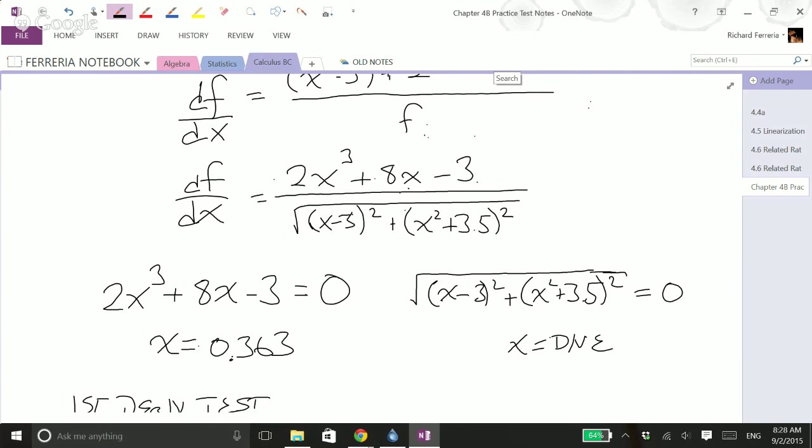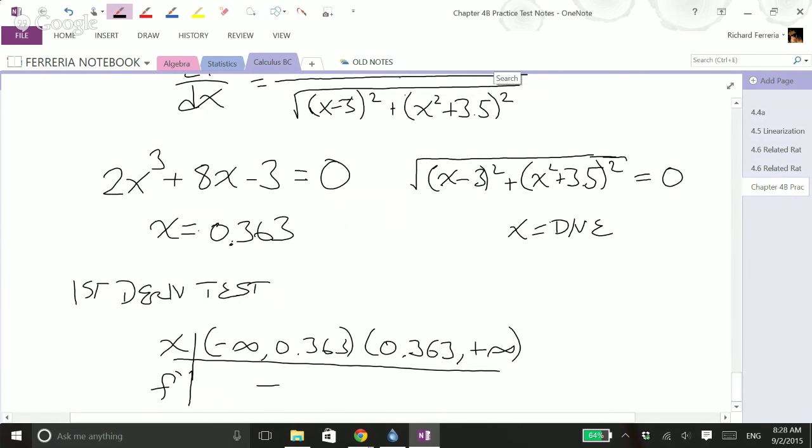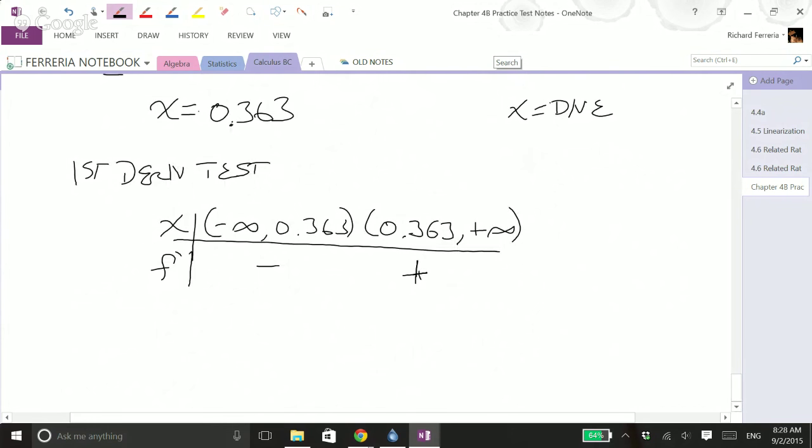All right, so that's a positive number. So it looks like we got a minimum, right? We have a minimum at x equals 0.363.